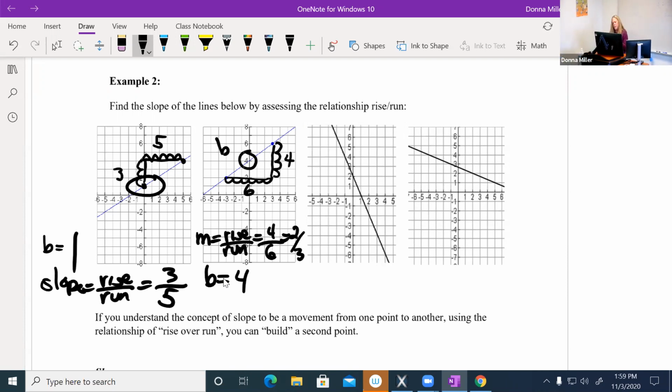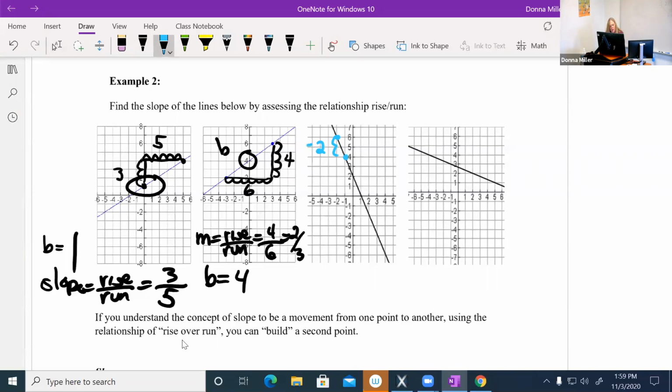Now, this next one, they don't give me points, so I gotta find 2 nice points. There's lots of nice points. Let's see, I like this point, and I like this point, okay? So, again, rise over run. Now be careful with this. I'm going down 2 here.